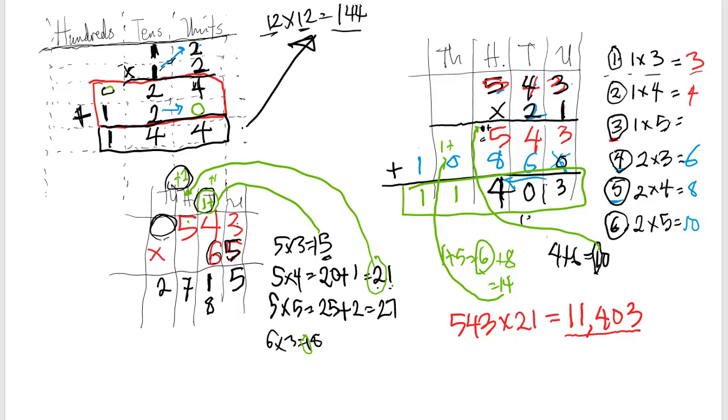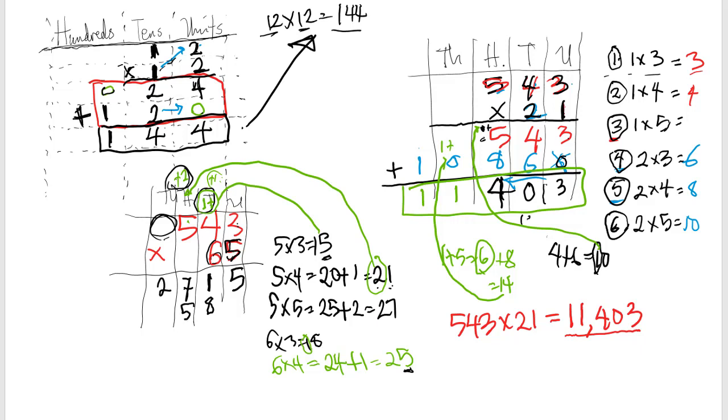So 6 times 4 will give you 24. We add 1, which gives us 25. In writing the answer, we just write 5.